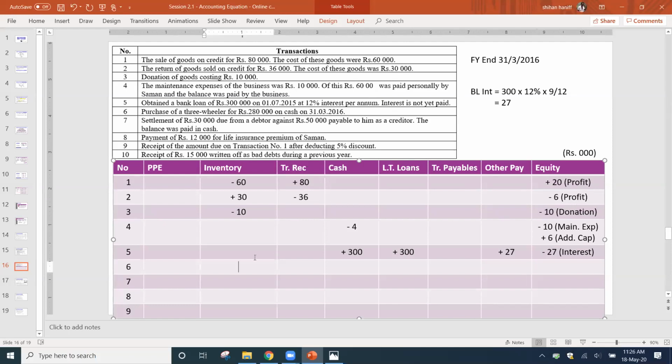Number 6. Number 6 says purchase of a 3-wheeler for 280,000 on cash. 31st March 2016. So cash minus 280,000.